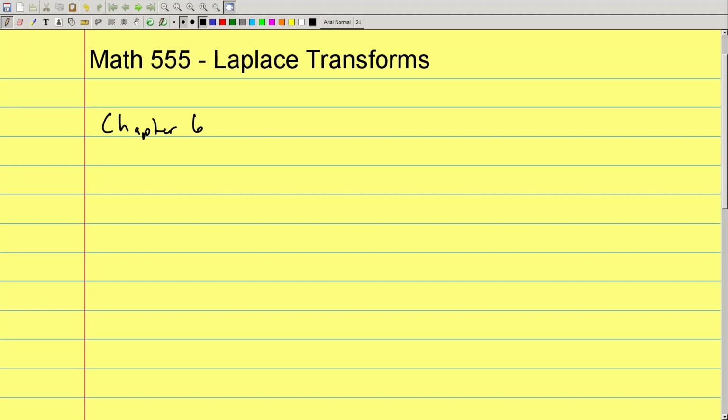All right. So for chapter 6, the main idea that we're going to be working with is, of course, these things called Laplace transforms. And what ultimately we want to do in chapter 6 overall is to convert a calculus problem to an algebra problem.